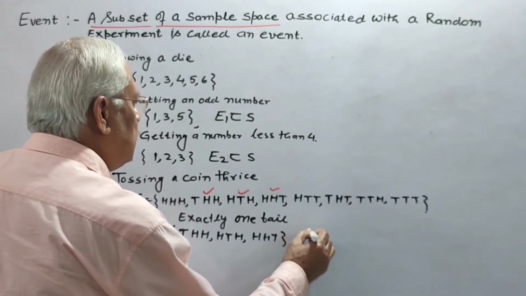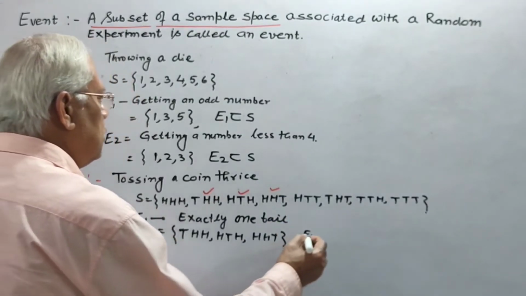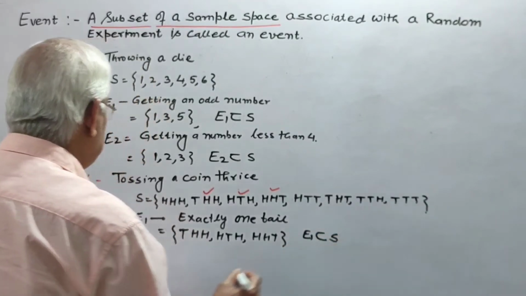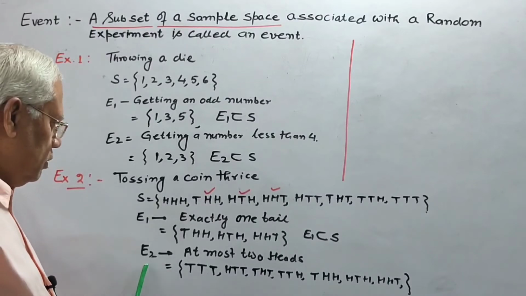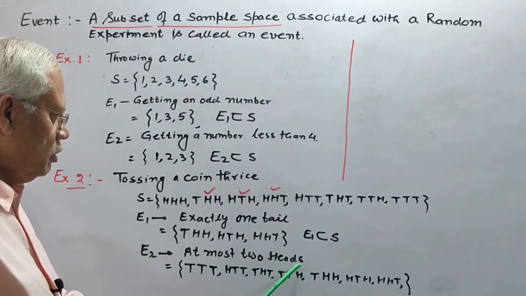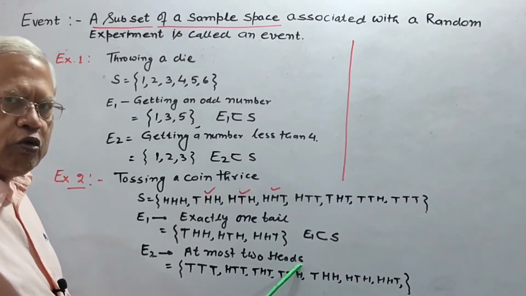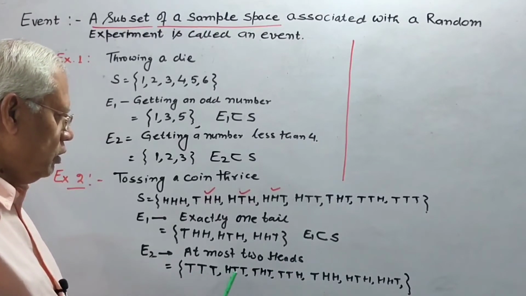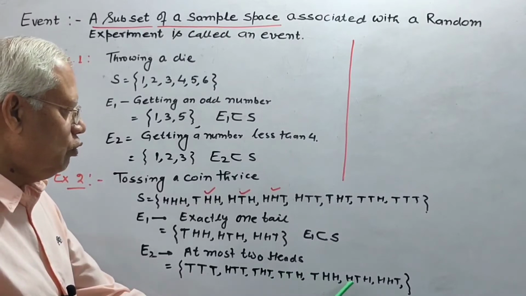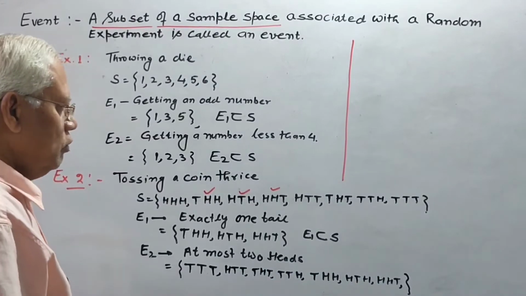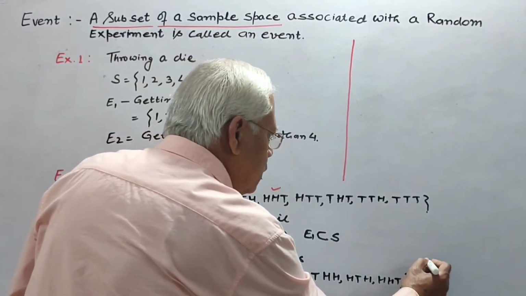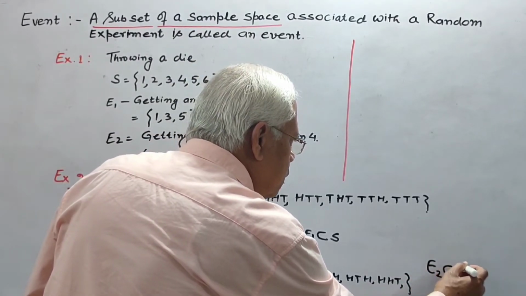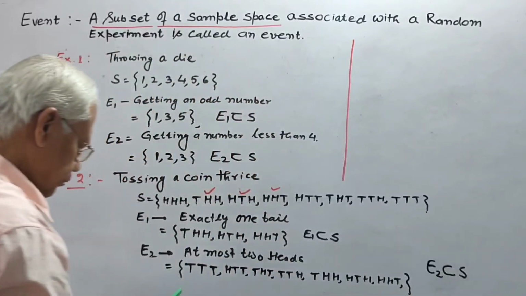So again we can verify that E1 is the subset of S. Let us take next event, at most 2 heads. It means not more than 2 heads. So we will take the cases of no head, 1 head and 2 heads. Now we can easily verify that E2 is also the subset of sample space.